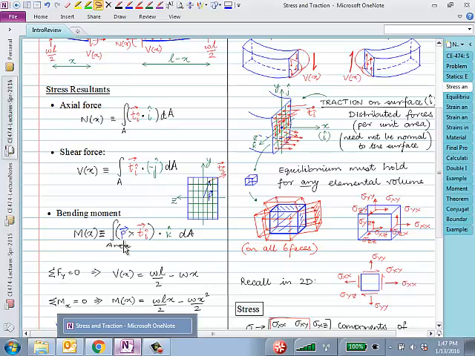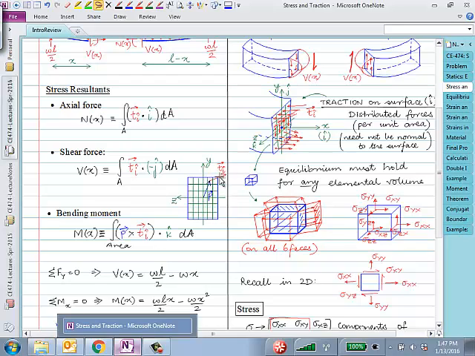So if I take one particular arrow here, let's say if I look at this cross section here, one particular arrow of those tractions looks like this. To calculate the bending moment, I would just use the definition of the moment of a force. What is the definition of a moment of a force?